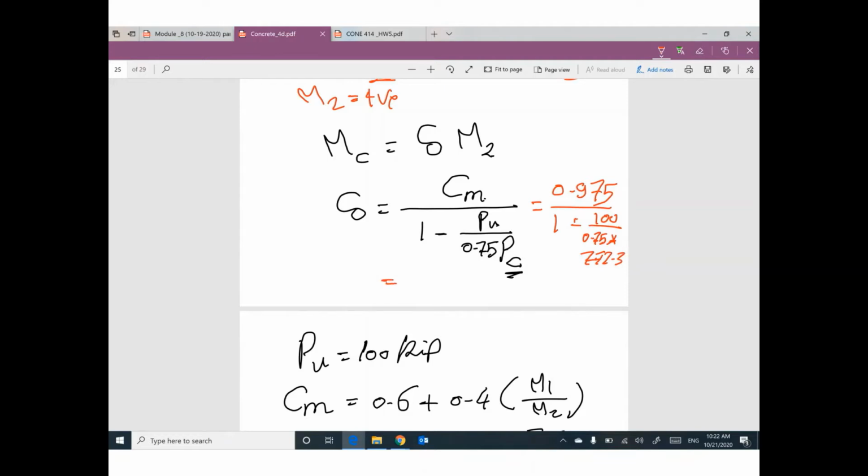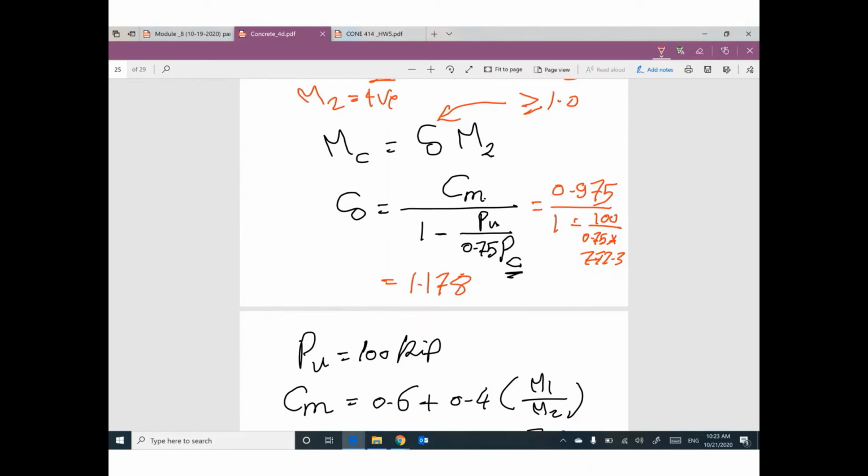This value of delta, make sure it must be greater than or equal 1. So 100 divide 0.75 times 772.3 plus 1, 0.975. This value equal 1.178.